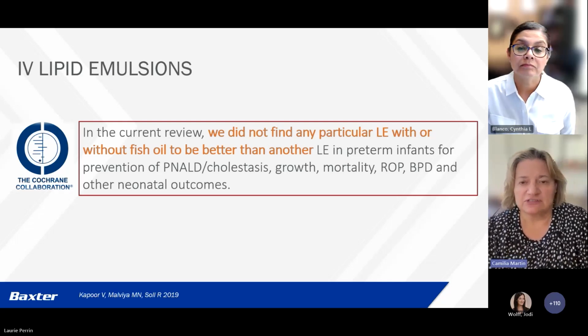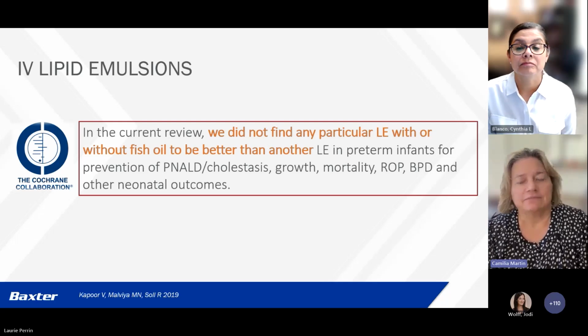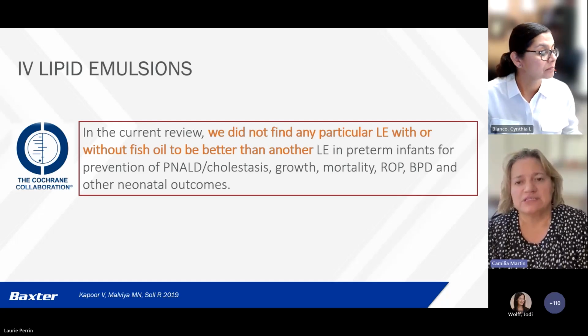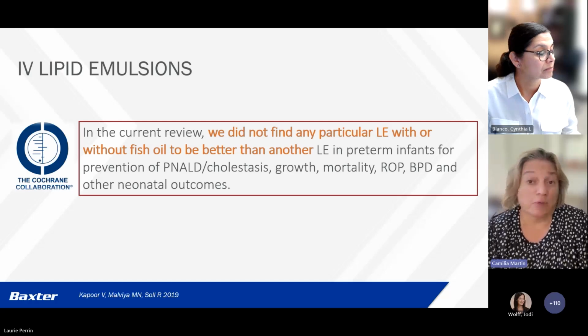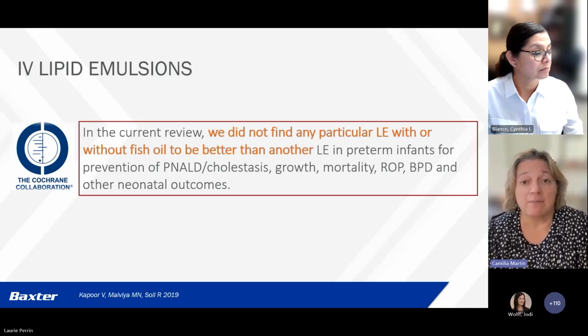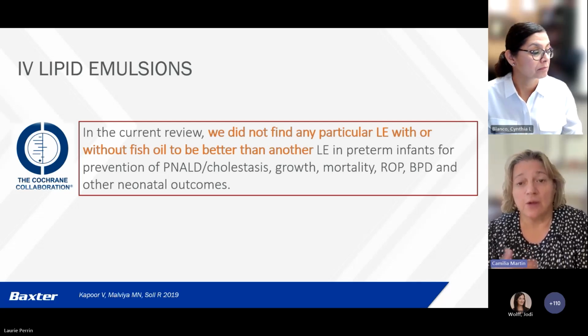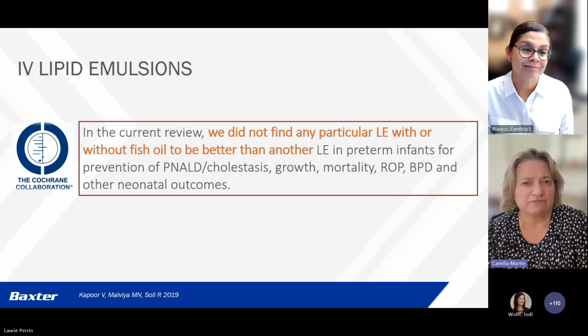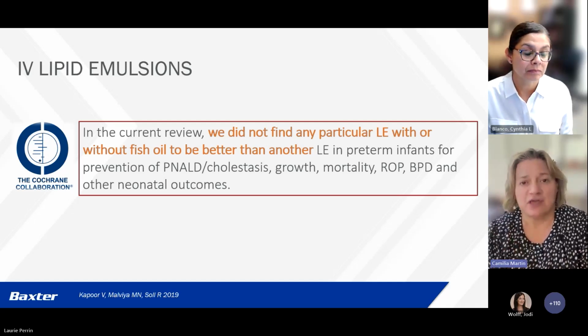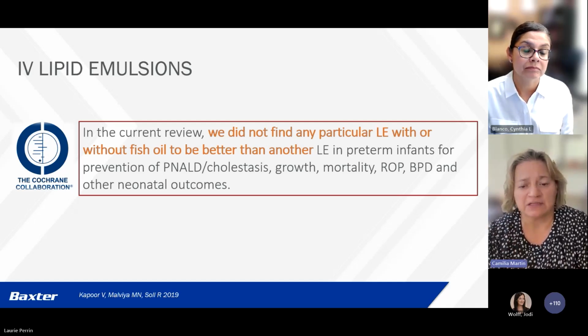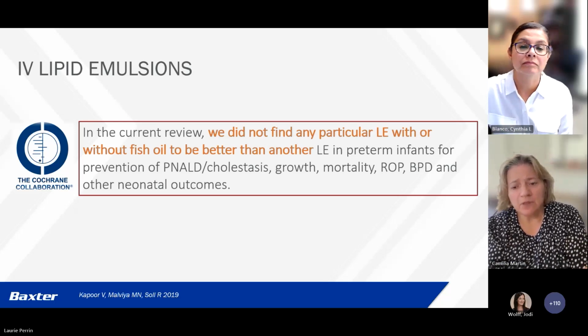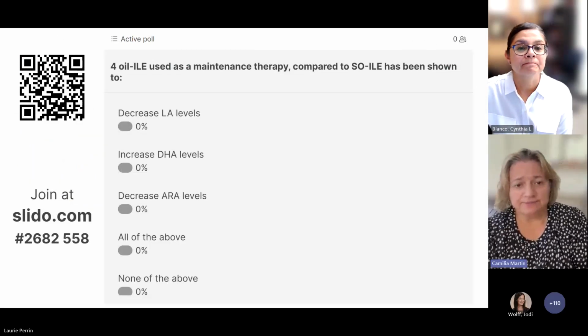So I think there's this general thought that it must be better health-wise and that we would see this in benefits in short and long-term outcomes, but we just have not. We have not seen that benefit in moving away from 100% soybean lipid emulsion. And we'll talk about then, what does it do to fatty acids? What about the other question then? What does it do to fatty acid balance? So we can go to the next slide.